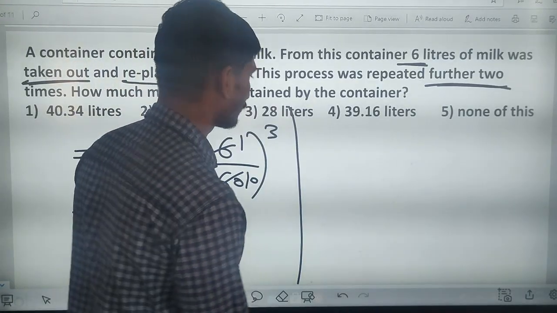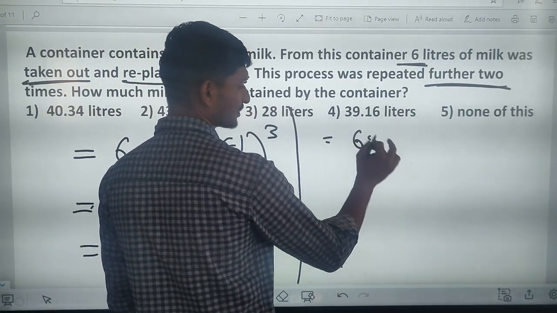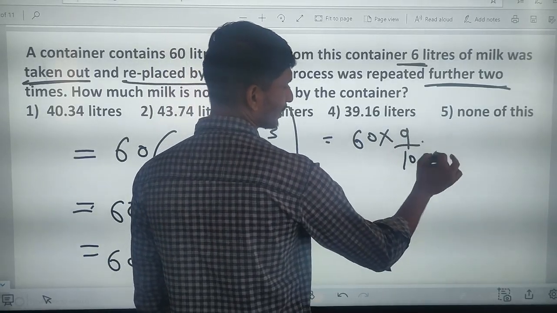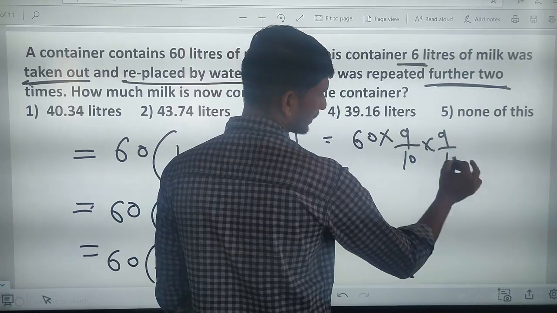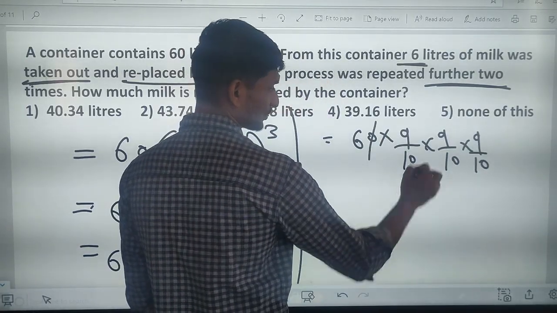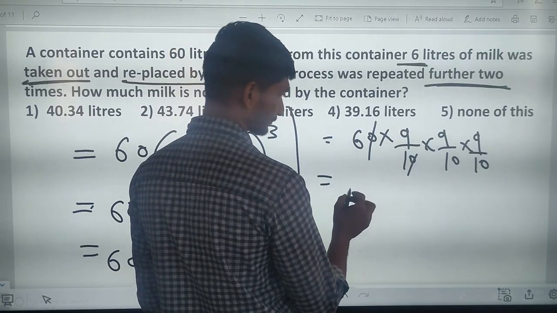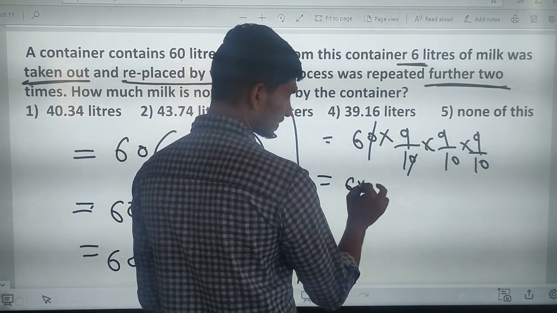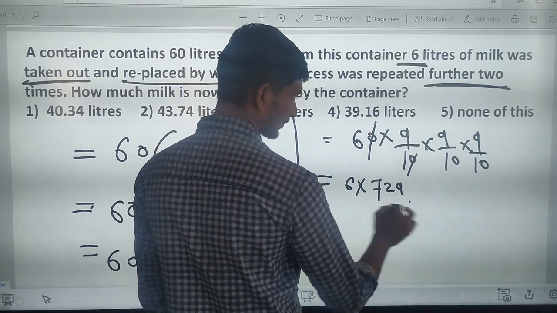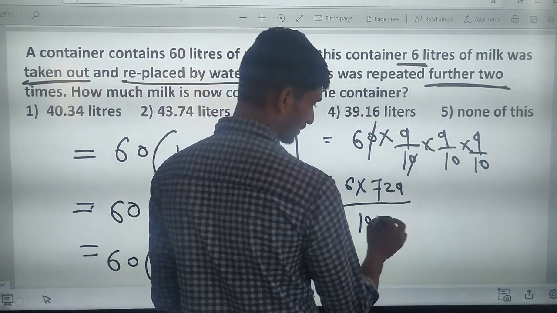Now here we solve. 60 into 9 by 10 into 9 by 10 into 9 by 10. That is 6 into 729 divided by 100.